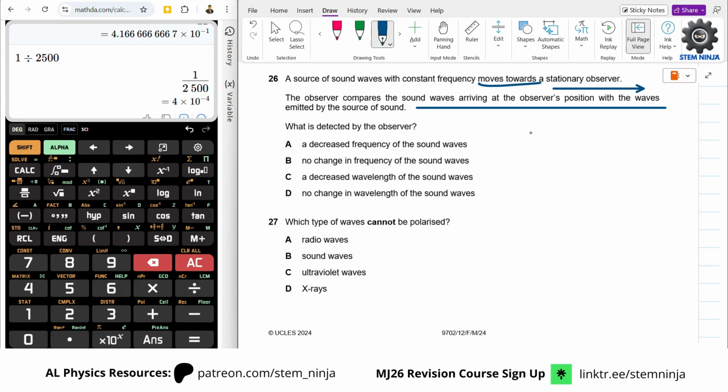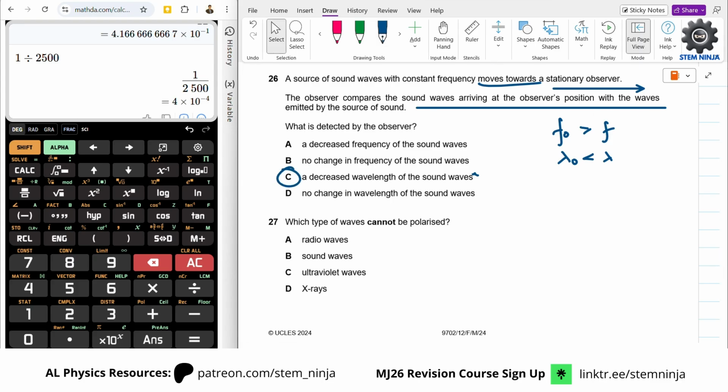Due to the Doppler effect, the observed frequency would be higher than the source frequency, so the wavelength would also be changed. If frequency is increased, wavelength would be decreased. So C would be the correct answer.